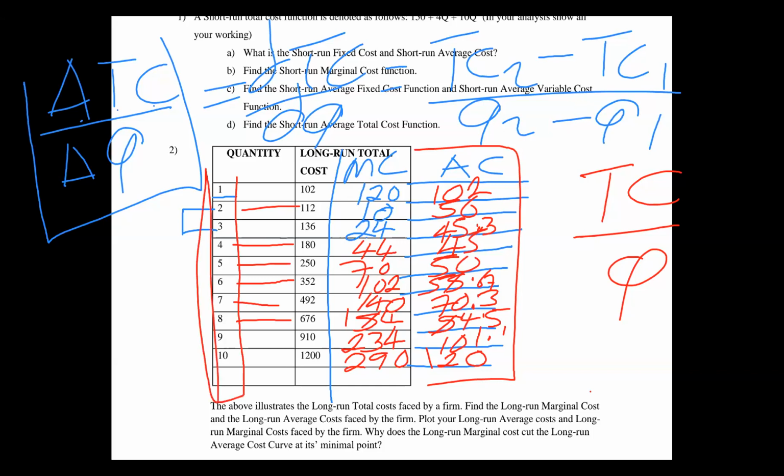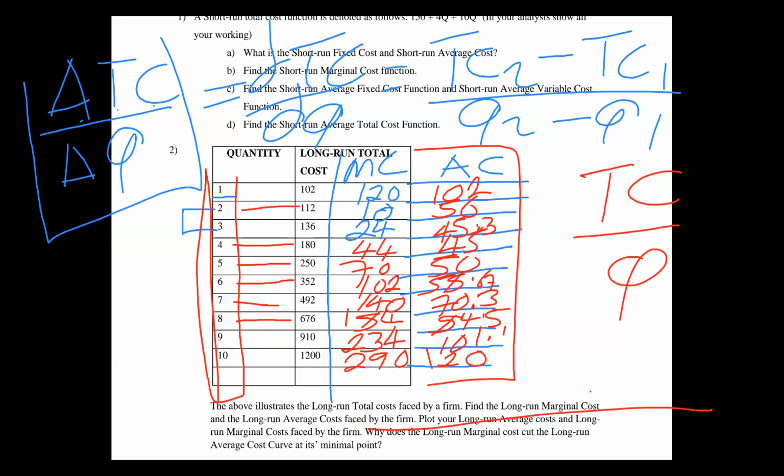The easiest way is to put the level of output on the horizontal axis and the cost on the vertical axis, with a scale of maybe 20-20, or 50-50. Yes, 50-50 will do and you will be fine. Any question? You can plot all of them against the level of output, and then the graph will come out.